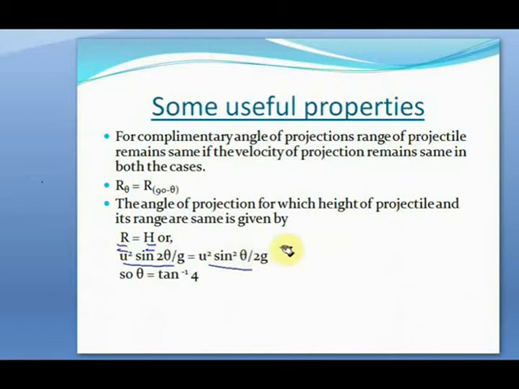So if we equate the expressions, we get u square sine 2 theta by g is equal to u square sine square theta by 2g. Sine 2 theta is equal to 2 sine theta cos theta.